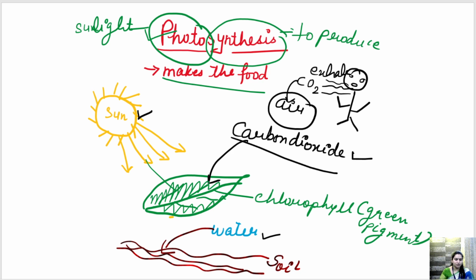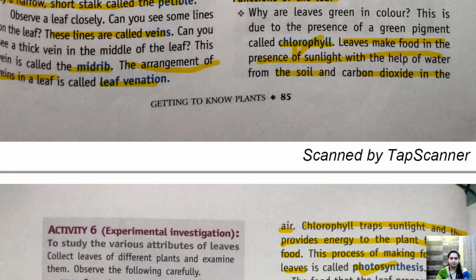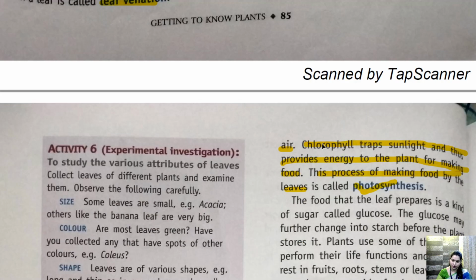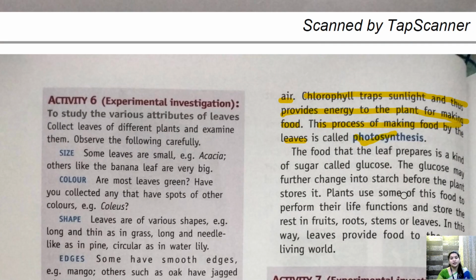Let's come back to the chapter. So what are the things that a plant requires? Plant requires sunlight, water, carbon dioxide and chlorophyll to make food, and the process is known as photosynthesis.